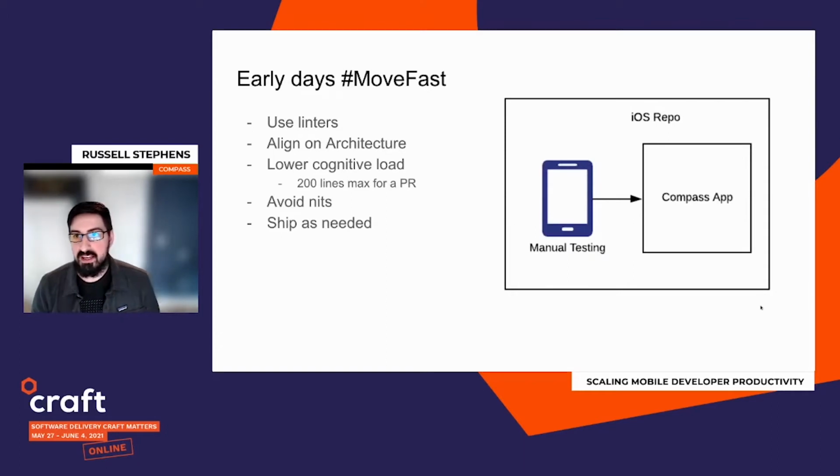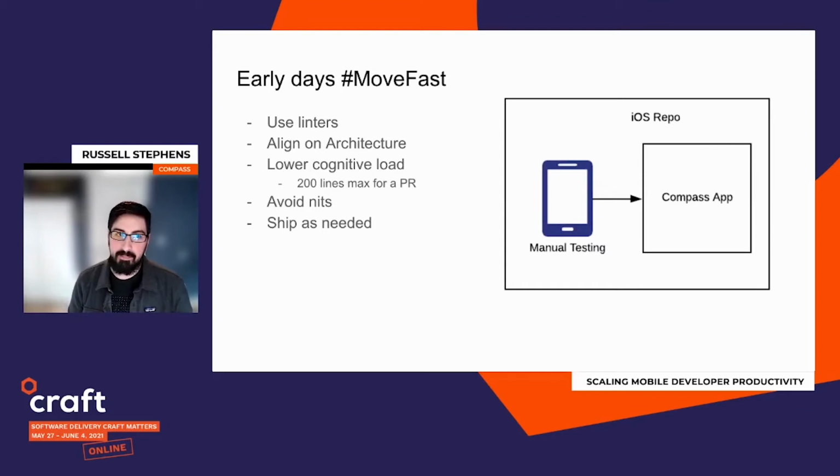So in the early days of working on mobile, so maybe you're an early startup or it's the beginning of your project, you'll probably tend to move fast. Technologies and things that you could use to help you move fast would be basically using a linter to make sure that all your styles are the same, you're conforming to the same code output.